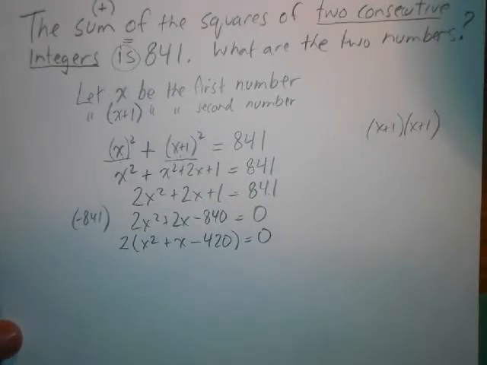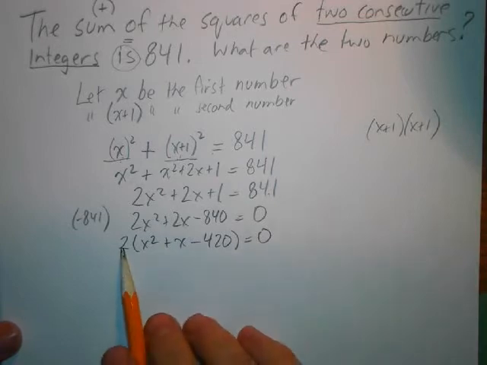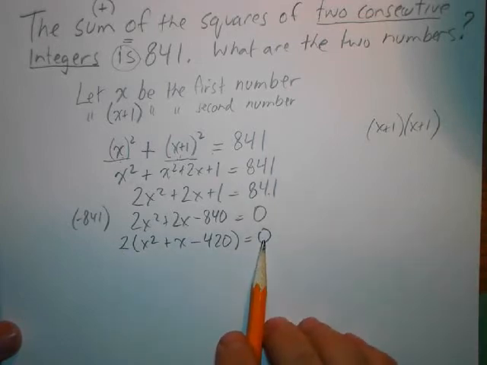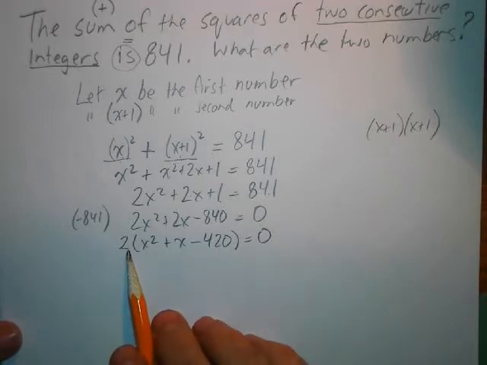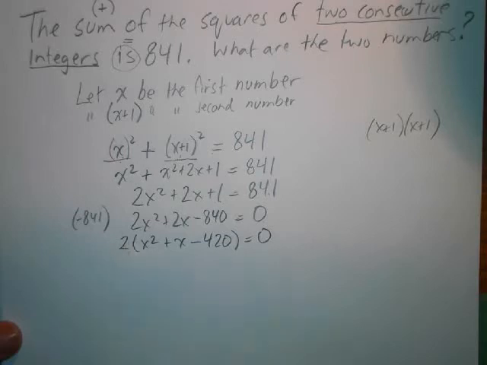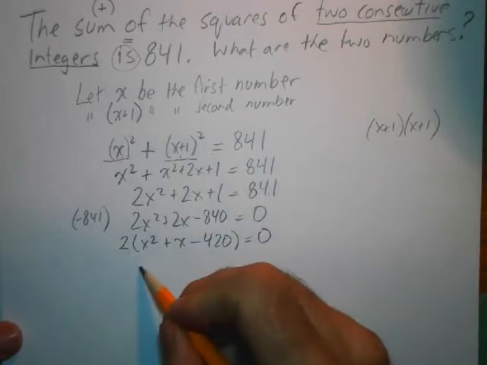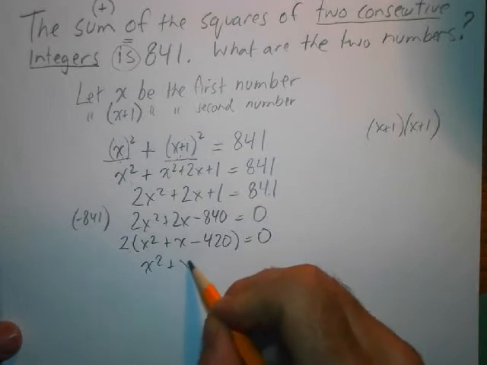Now, here is the cool thing, and I've shown you this before, hopefully you remember. The fact that this is a 0 on the side means that I could divide both sides by 2 right now, and the net effect of this is that 2 just goes away, because if I divide both sides by 2, I get this.